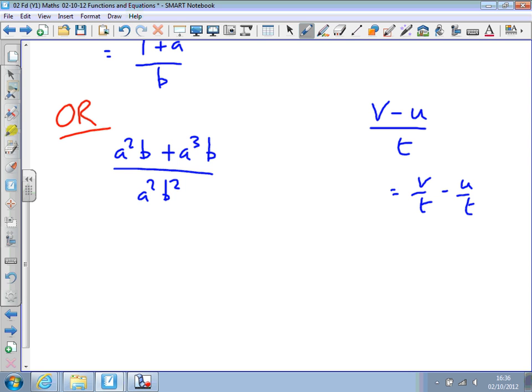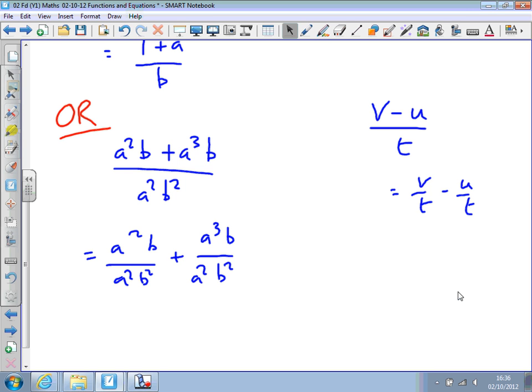So we can do that here: we can split the fraction and call it a squared b over a squared b squared plus a cubed b over a squared b squared. I can split the fraction like that and put them both over the denominator.